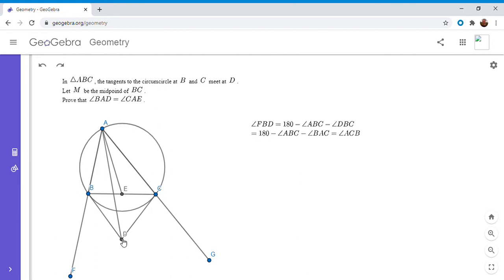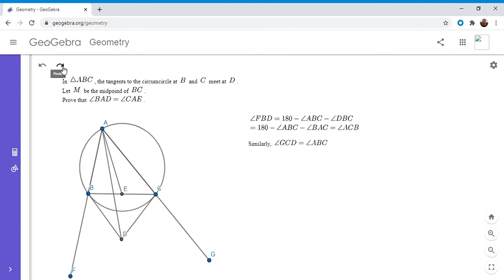And then we can do the same thing with angle GCD. So similarly, we have angle GCD is equal to angle ABC. So this is kind of interesting. It means that this exterior angle is equal to this angle, and this exterior angle is equal to this other angle. So how do we use that?